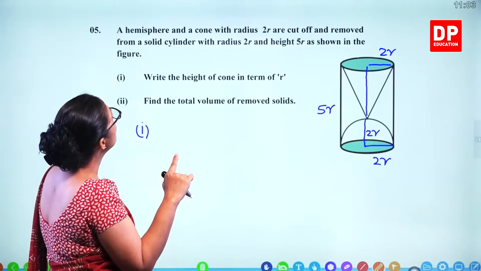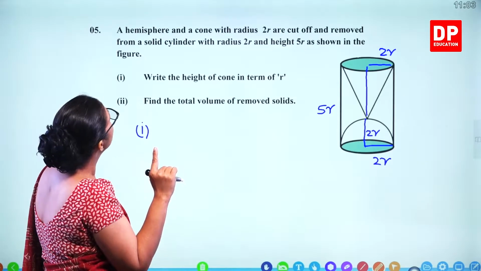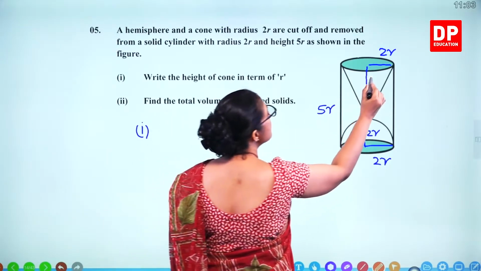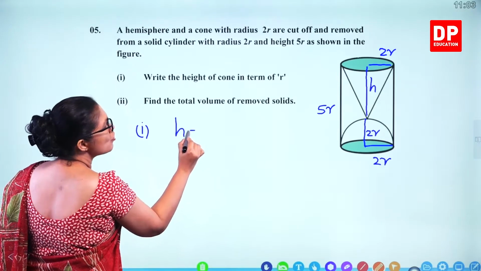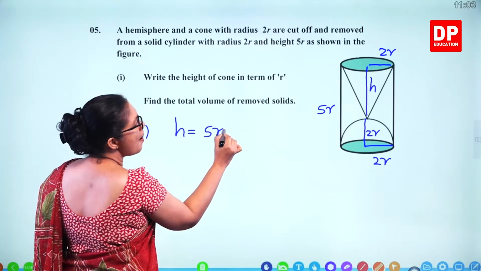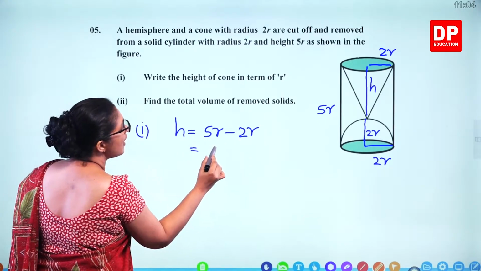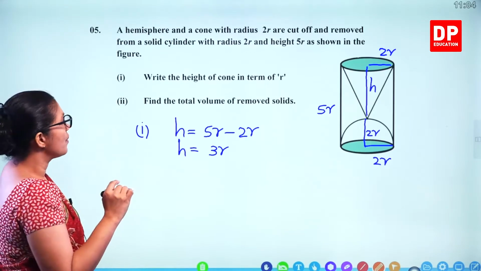There's no letter given, so we'll take h as the height of the cone. So what is h? h becomes 5r minus 2r, and you get 3r as the height of the cone.